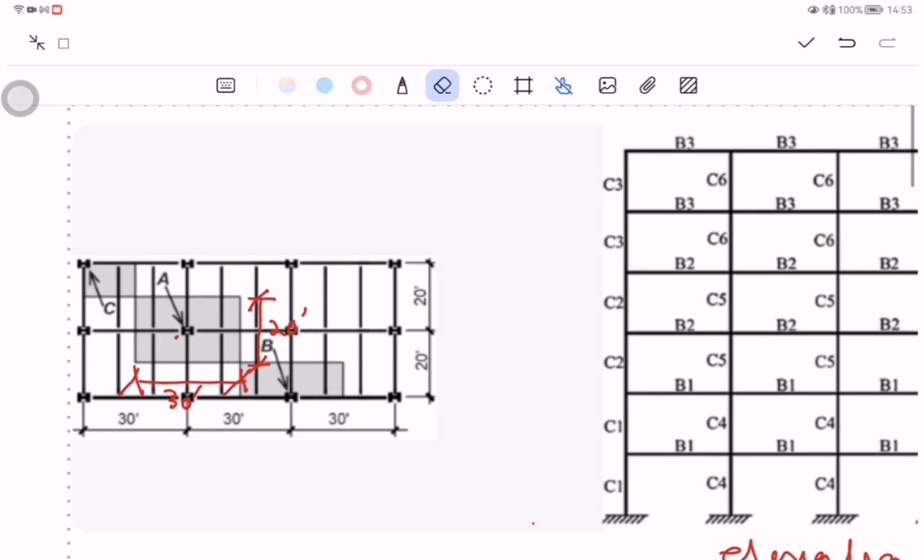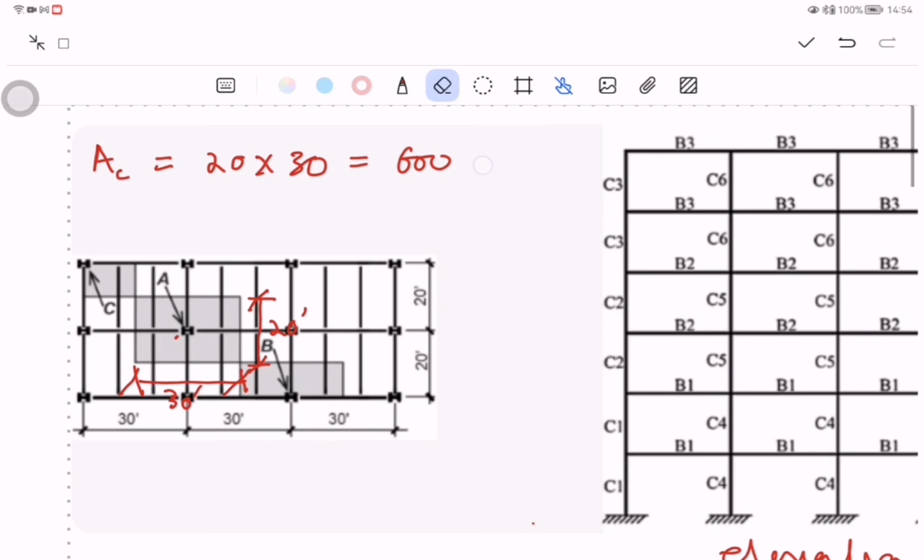So for column A, the catchment area, or let's say AC, is 20 multiplied by 30. All right, so it will be 600 square feet.